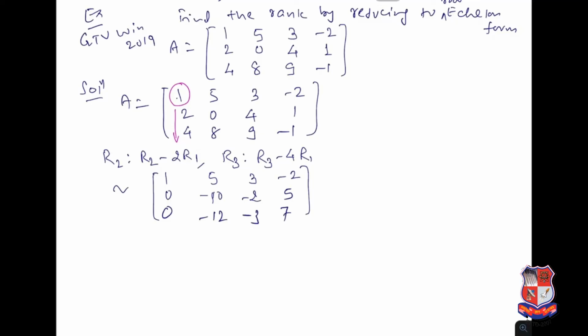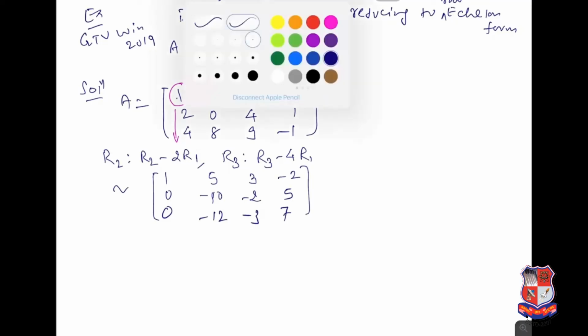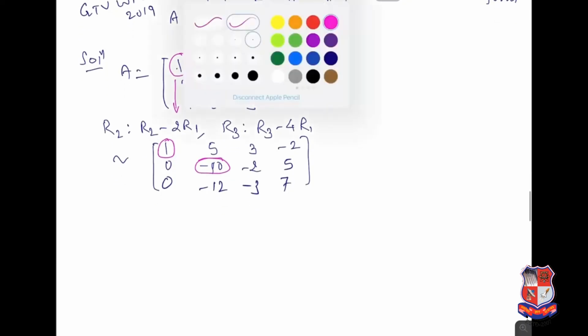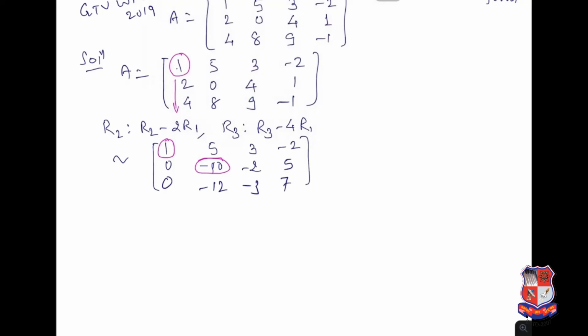Now here we have the leading one, and we made all the entries below it 0. Now here we need to make the 1. One option is to divide by minus 10, or we can use the row below it and make it 1, that is also not a problem. But let us divide by minus 10.